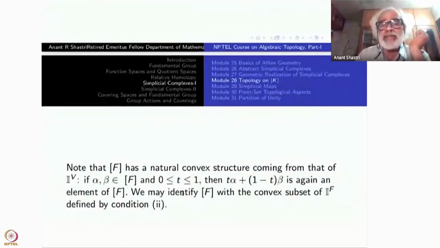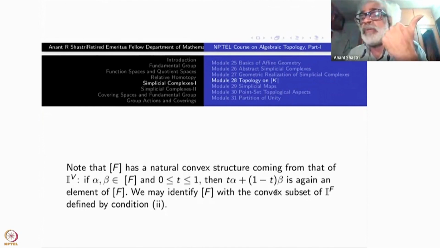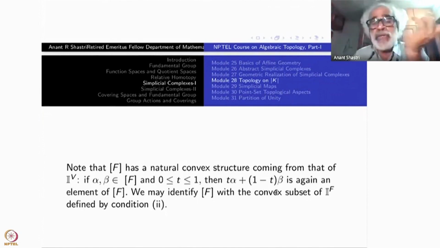Take this one, say this is gamma. If gamma of v is not 0, this implies that v must be inside F. If v is a point outside F, then alpha will be 0 there, beta also will be 0, so the combination also will be 0.